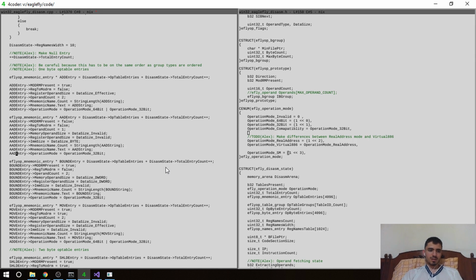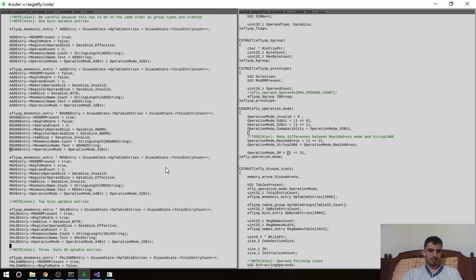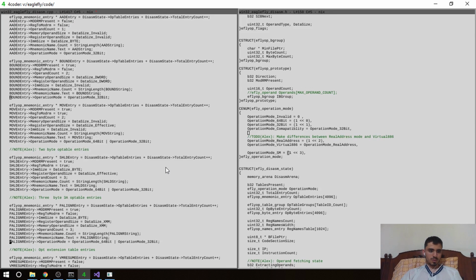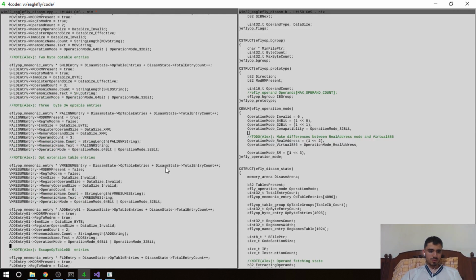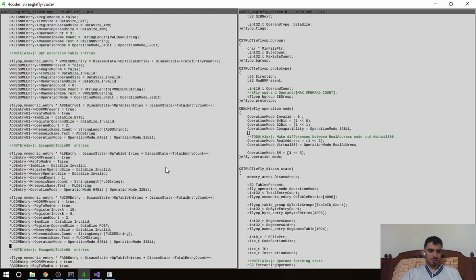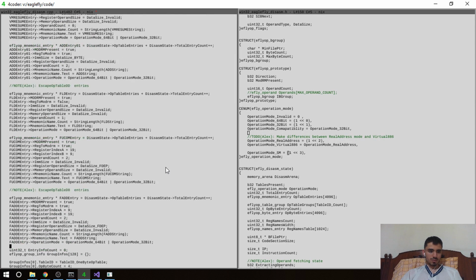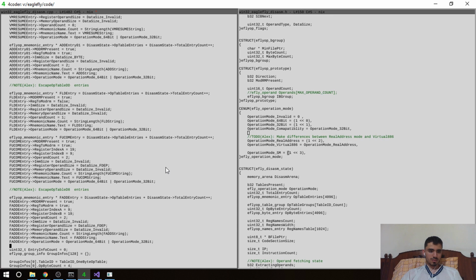Oh yeah, the problem of all things. My bad. My bad. Shift entry, move entry, bound entry, add entry, add entry, PLINE entry, VM resume entry, add entry, FLD entry, FUCOM entry, FAB entry.